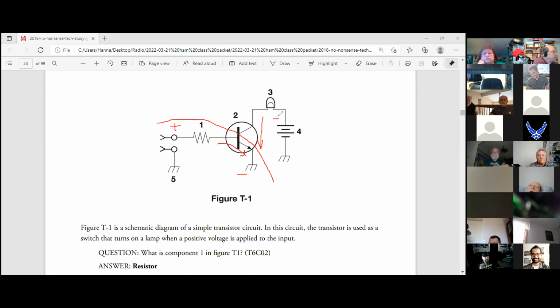Well, this is plus again. Light comes on. And this is minus. And we go like this, and our current flows that way. Our current flows through the light bulb, which turns our light bulb on. And this is an example of an electronic switch, which is exactly like if I take my iPad or my iPhone and I do this and I turn it on, there's an electronic switch that turns on the LED.